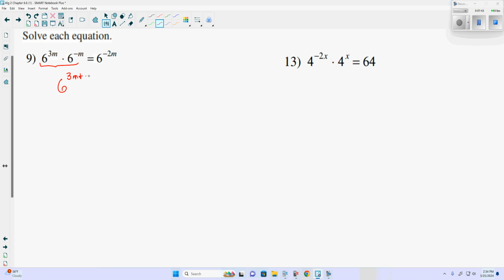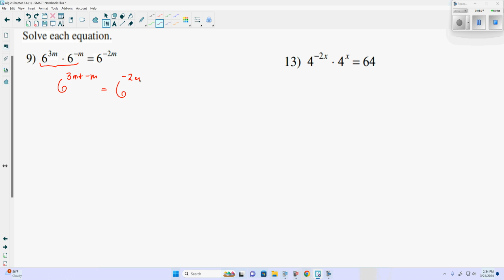Because we do need it to be a single base on either side. So here, 6 to the 3m times 6 to the negative m, we can rewrite it as a single term. Because when we multiply like bases, we add the exponents.